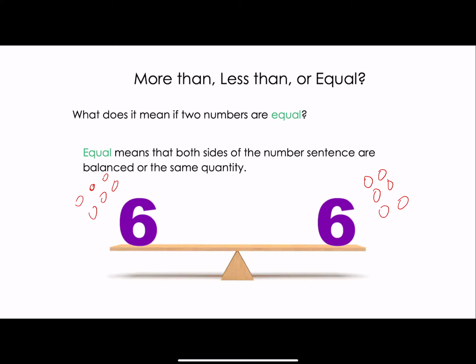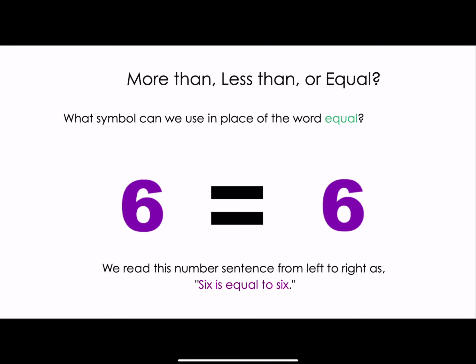They have the same. And you can use that when you're balancing numbers as well in your equations. What symbols can we use in place of the word equal? Well, this is our equal symbol. So we read the number by saying 6 is equal to 6.